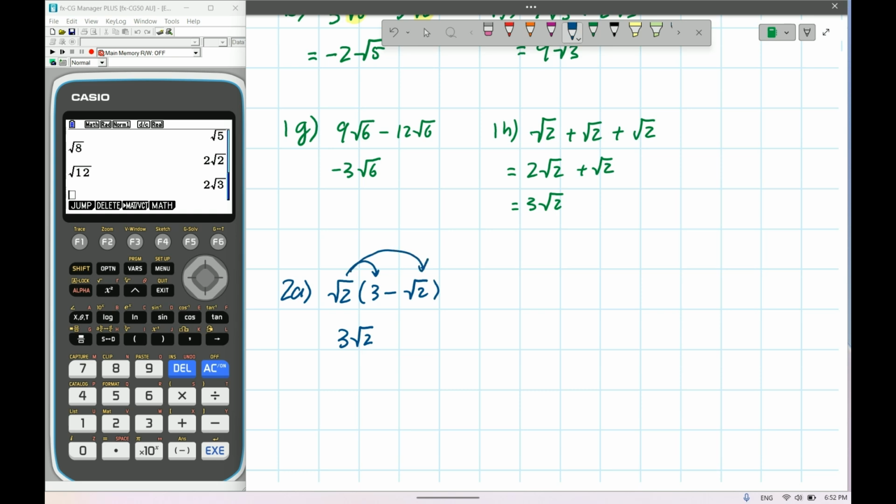And when you multiply these two together, you would have a minus root 2 times root 2. Root 2 times root 2 makes 2. And because these two terms here and here do not share the same square root value, they're not considered to be like terms. Hence, you can't add them together or subtract them from each other.